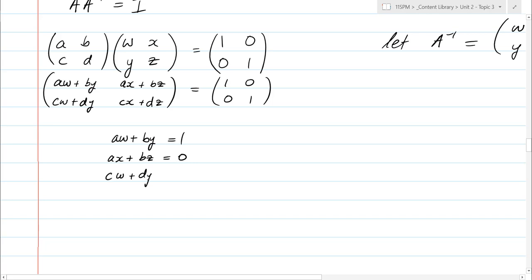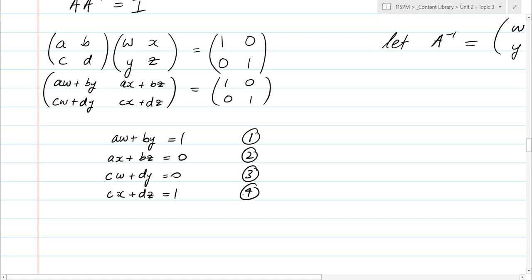CW plus DY equals 0. And CX plus DZ equals 1. So there's our 4 equations. I'll give them names, 1, 2, 3, and 4. So there's our labels, so I can refer to them.